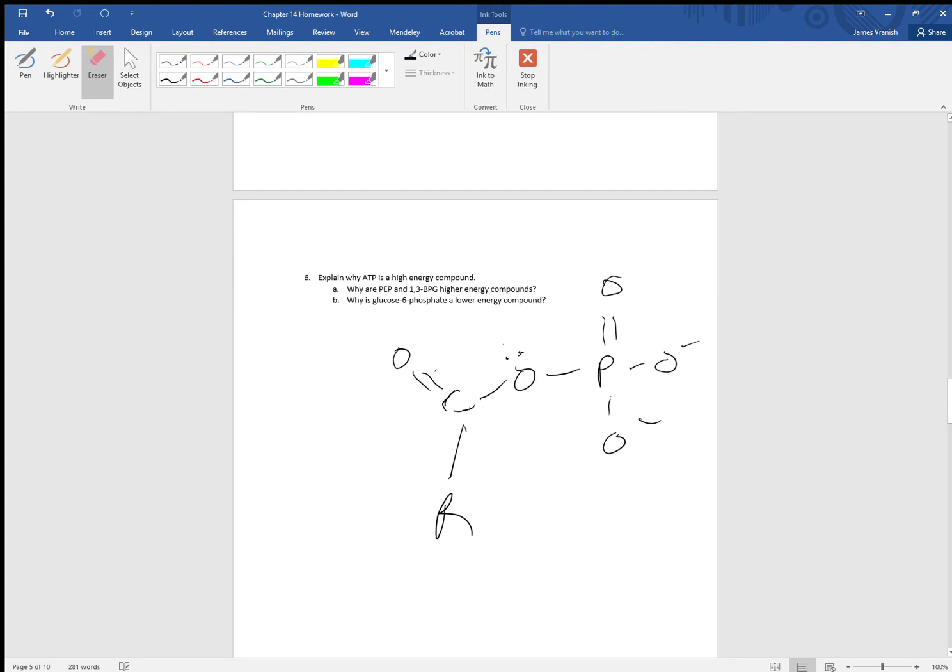Now, the added benefit that 1,3-bisphosphoglycerate has is that when we cleave this bond, we now have phosphate, but we also end up forming a carboxylic acid. And the resonance of a carboxylic acid is a very, very nice resonance structure. So we're stabilizing an extremely favorable resonance structure on the carboxylic acid or carboxylate, and this is giving 1,3-bisphosphoglycerate more energy than even ATP does.